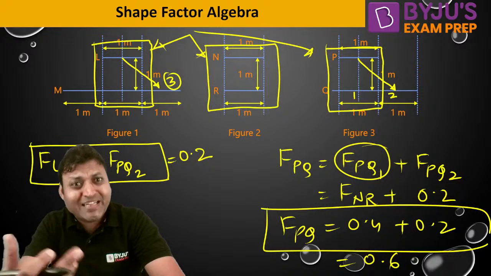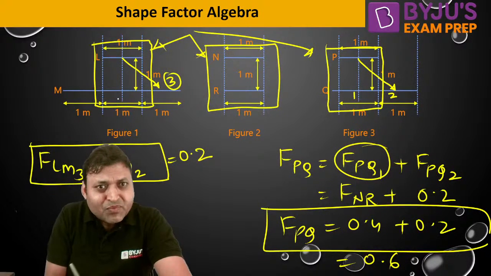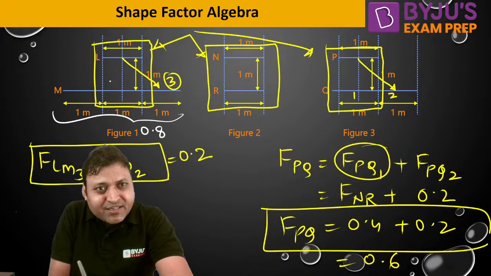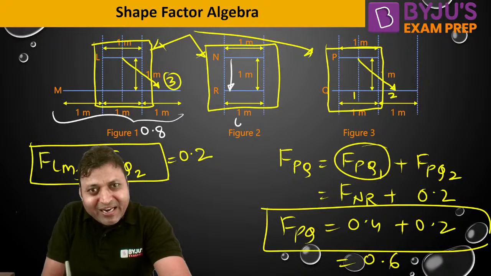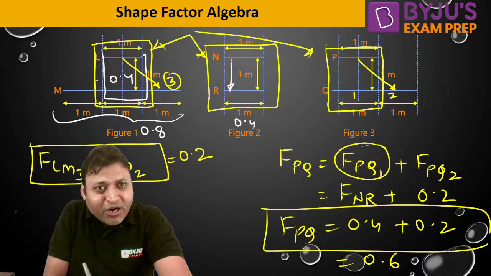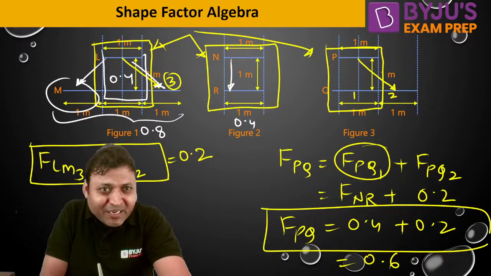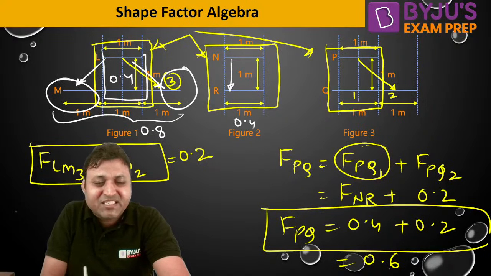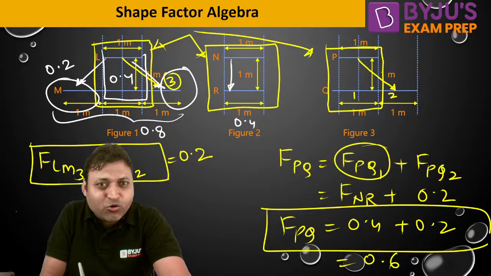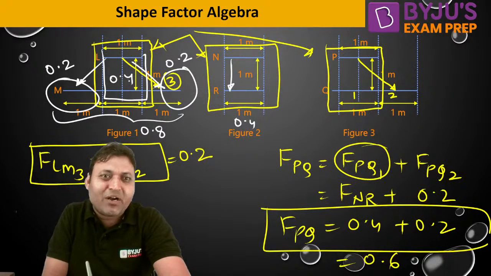So without solving that much, you could have directly solved it. Look, the value of FLM is given as 0.8 and NR is given as 0.4. So out of this, LM2 will be equal to 0.4 and this will be the remaining 0.4. From the symmetry principle, this shape factor will be the same as this shape factor, so it will be divided equally. So M1 will have 0.2, M3 will have 0.2 and LM2 will have 0.4 shape factor.